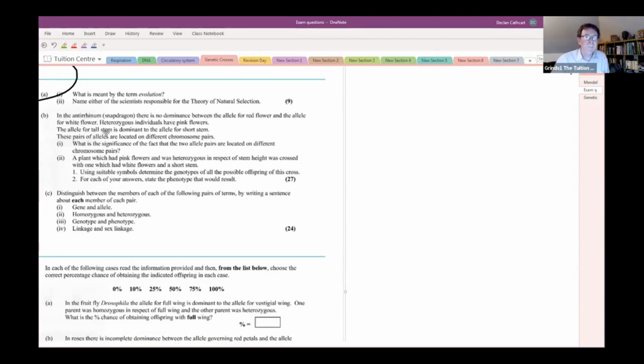And I would go even one step further to say that during gamete formation, it is equally likely for either one of the pair of alleles to combine with either one of the other pair of alleles. So it's equally likely, for example, for the red allele to combine with a tall allele as it is for a red allele to combine with a short allele, and so on.